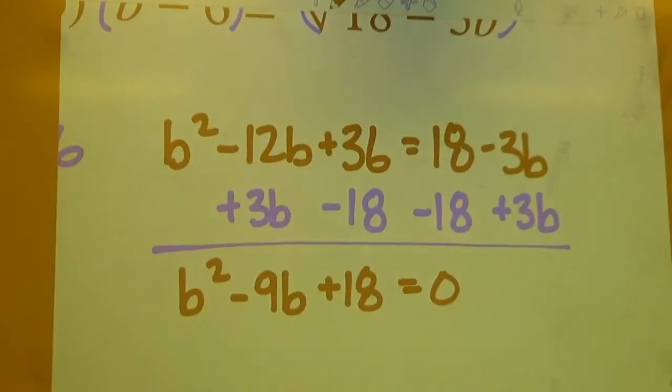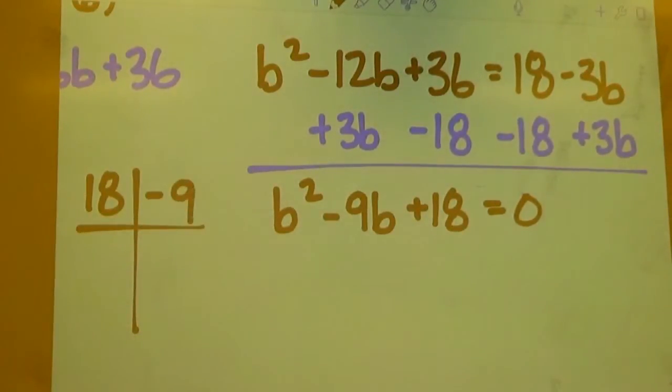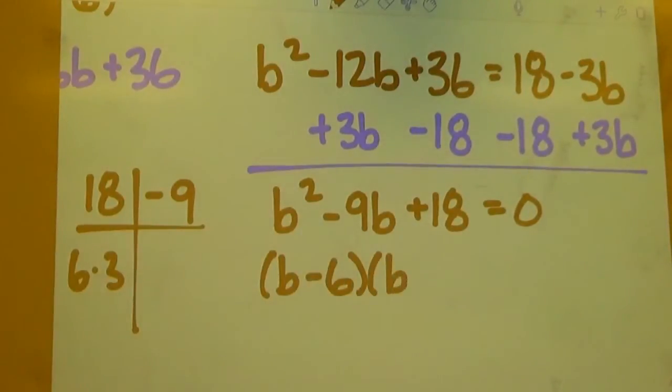This is one of those factoring problems that may be a little tricky. What two numbers multiply to 18 and add to negative 9? 6 and 3. Which one needs to be negative and which one needs to be positive? Both need to be negative. Good. So I'll get b minus 6 and b minus 3 equals 0.